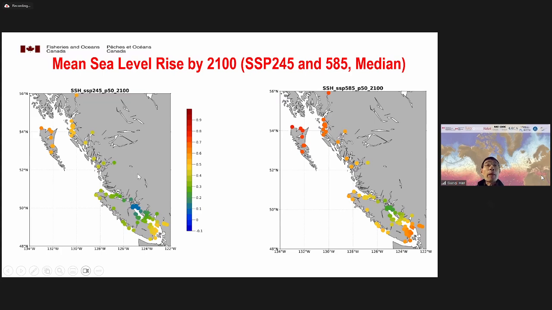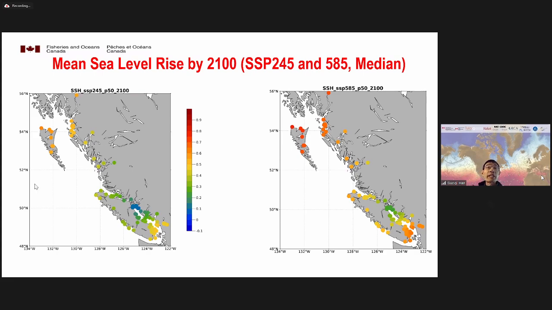And now to the future extreme sea level. For the future extreme sea level, we just consider mean sea level rise. We first get the mean sea level rise, then we add it to the present extreme sea level, used as a proxy for the future extreme sea level.